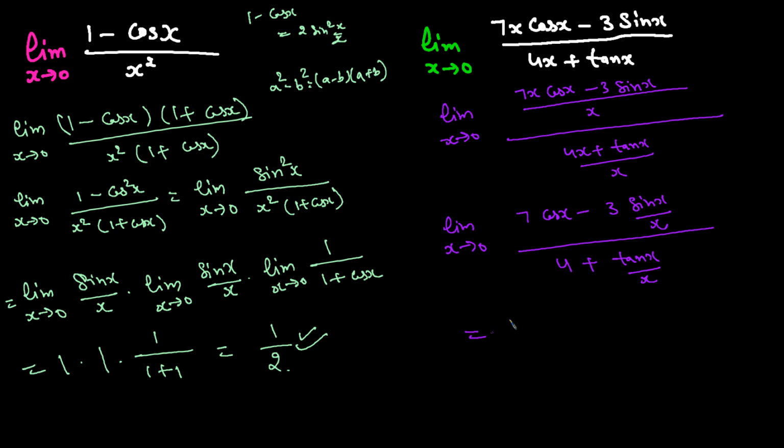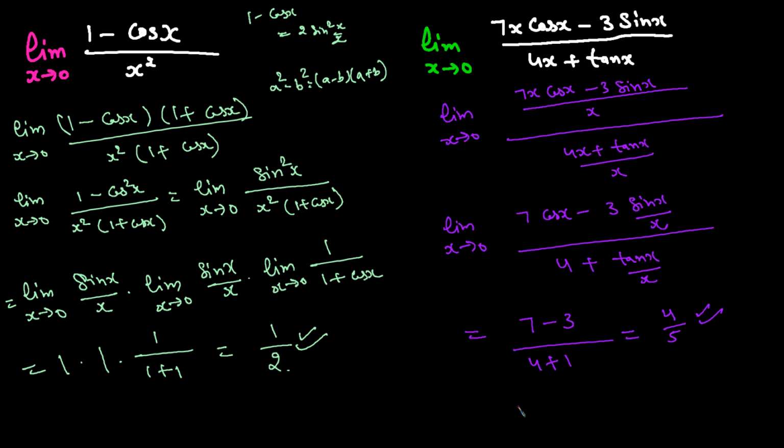When we solve the limit as x approaches 0, cos x is 1, so we have 7, and the limit of sin x over x as x approaches 0 is 1, so we are left with 3. Over here we have 4, and the limit as x approaches 0 of tangent x over x is 1, so that gives me 4 over 5.